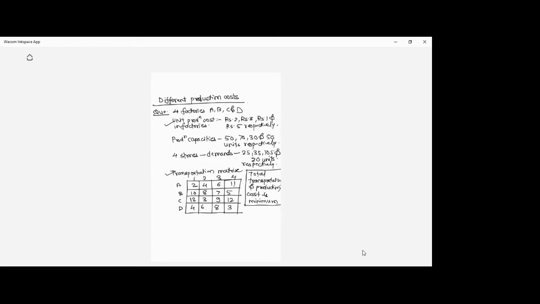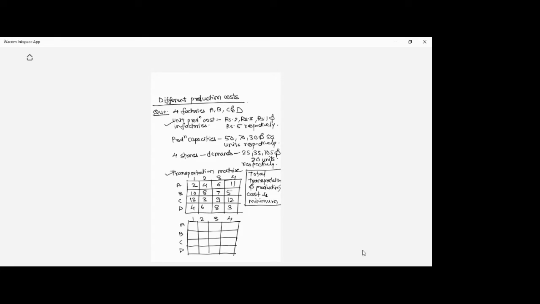So how did we do that? We had all the values of unit transportation cost and unit production cost. We have factories A, B, C, D and stores 1, 2, 3, and 4.